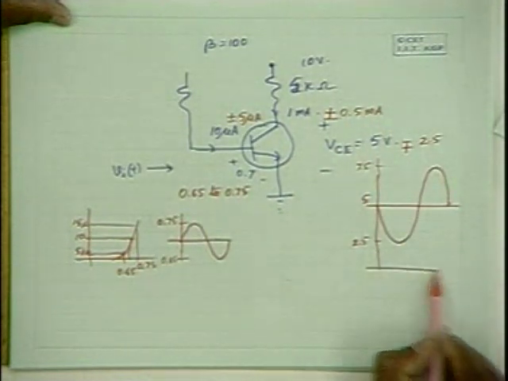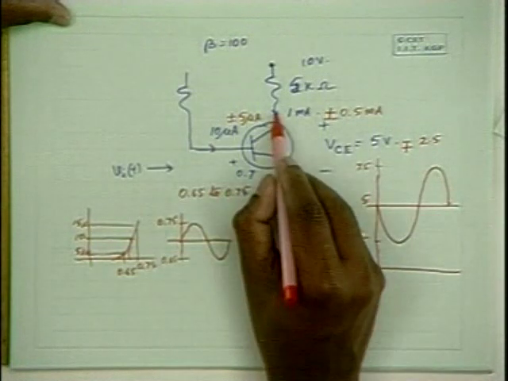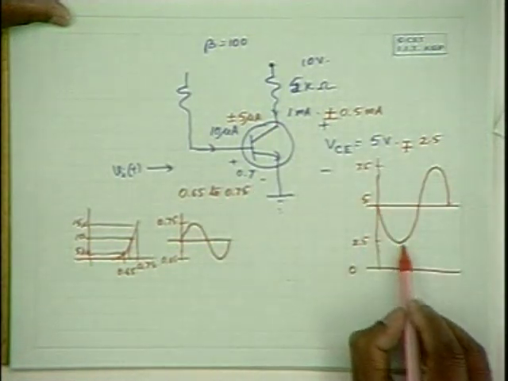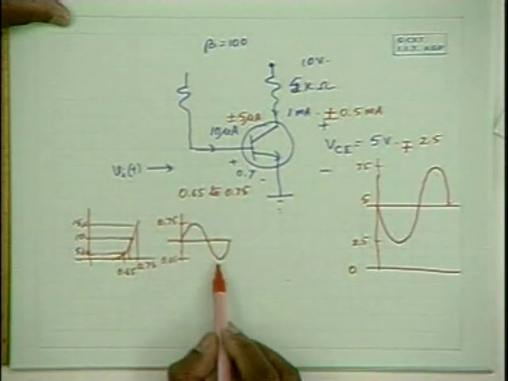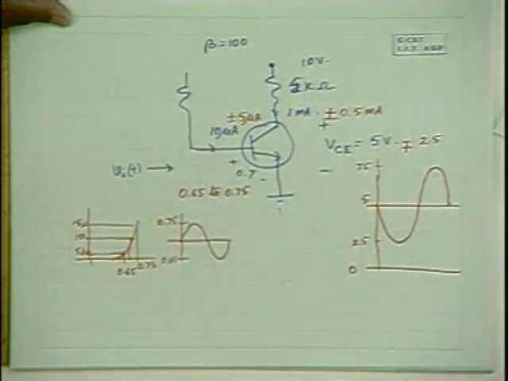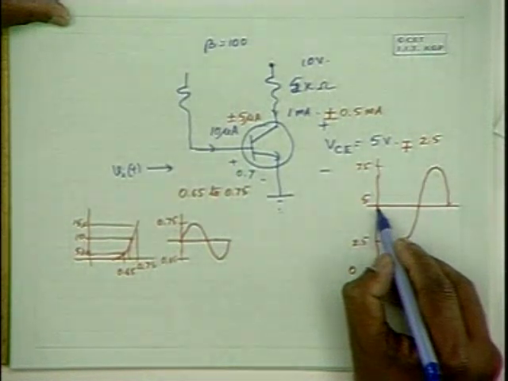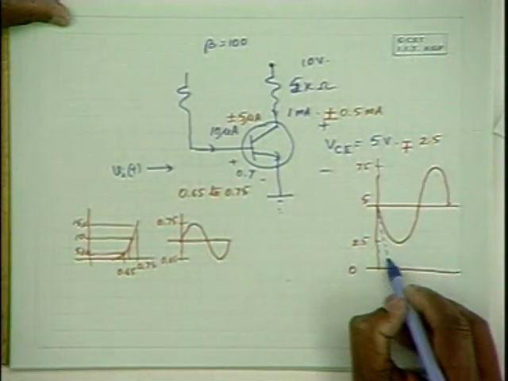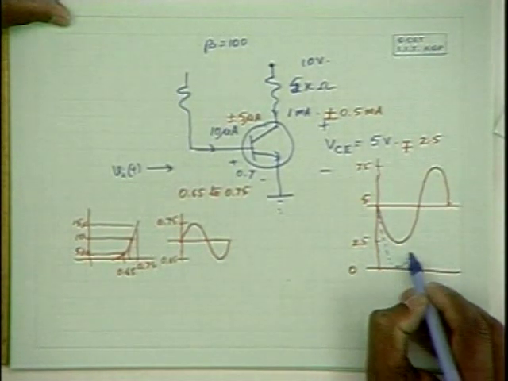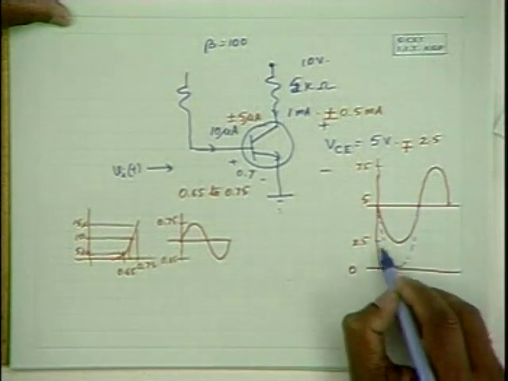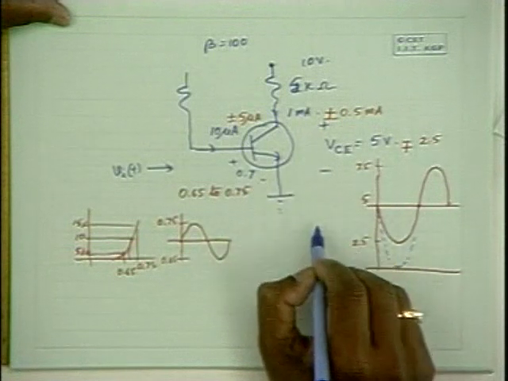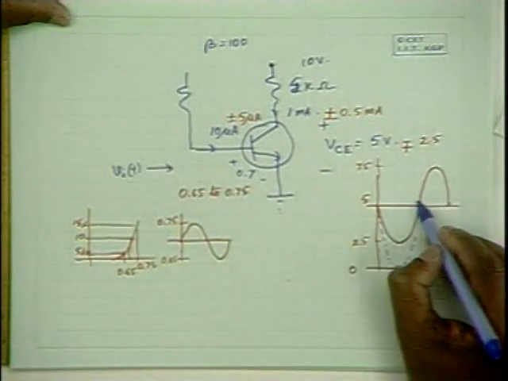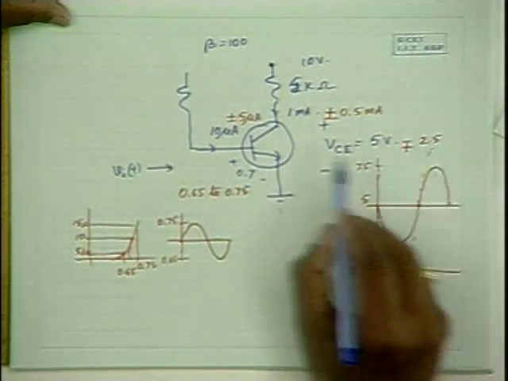Now, the absolute output voltage here varies between 2.5 to 7.5. If I further increase the amplitude on the input side, the output can at the most go down to 0, because below that the transistor will be saturated, and at the most it can go up to 10 volts.